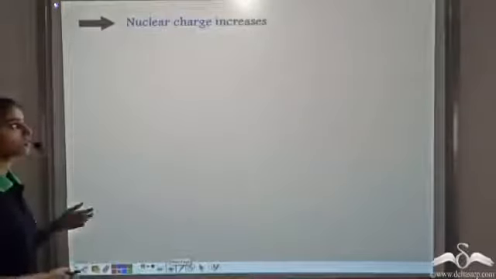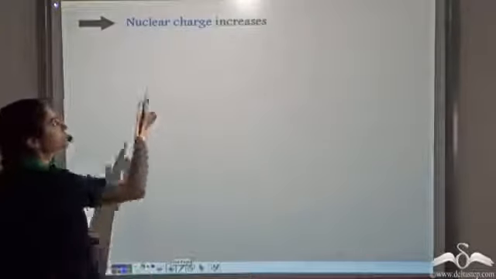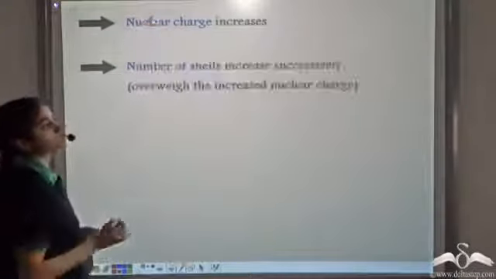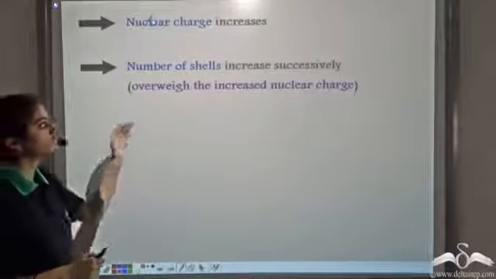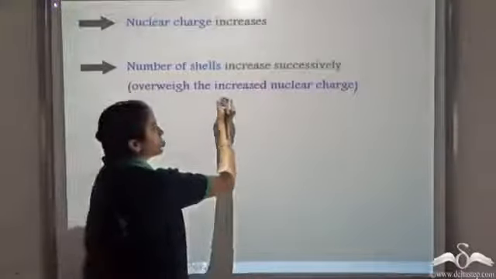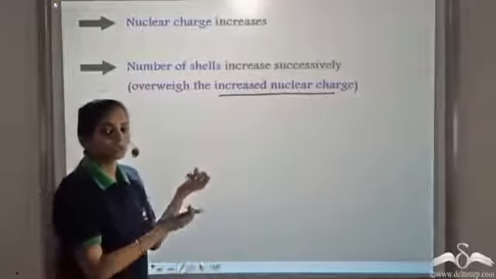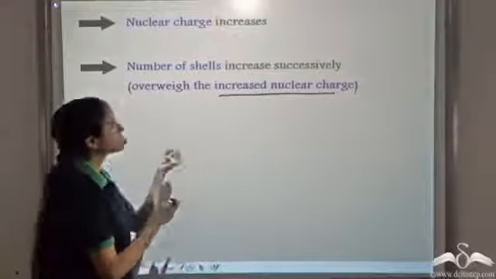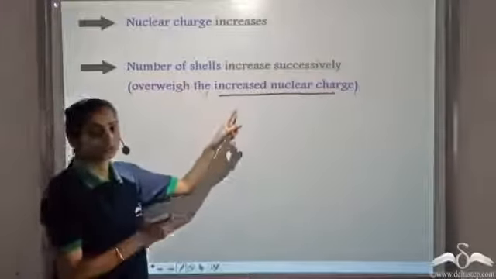Let's revisit how there is a change in the ionization energy when we move from top to bottom in a group. So we know that nuclear charge increases when we move from top to bottom. Also, in a group, the number of shells increase successively. The increased nuclear charge tends to pull the outermost shell closer to the nucleus, but the increase in the number of shells outweighs the increased nuclear charge.